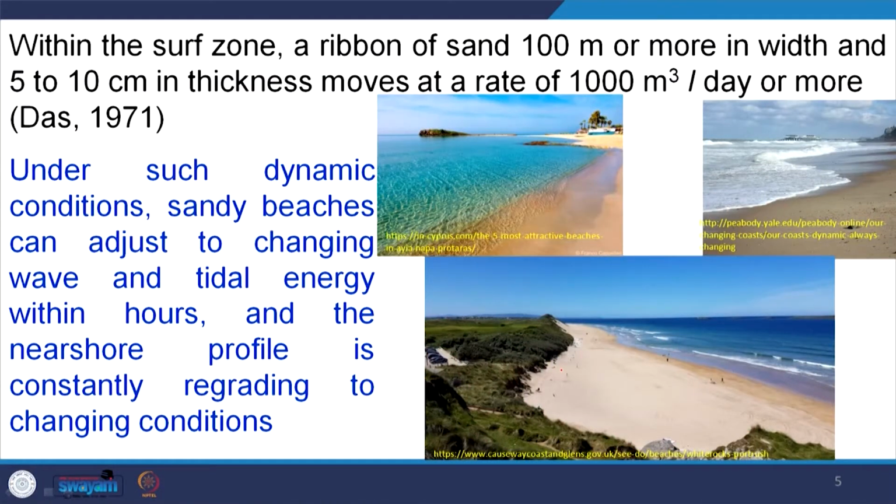Within the surf zone, a ribbon of sand 100 meter or more in width and 5 to 10 centimeter in thickness moves at a rate of 1000 meter cube per day or more. That means this is how much sand is migrating at a particular cross section if an 80 to 100 centimeter per second littoral current is there.